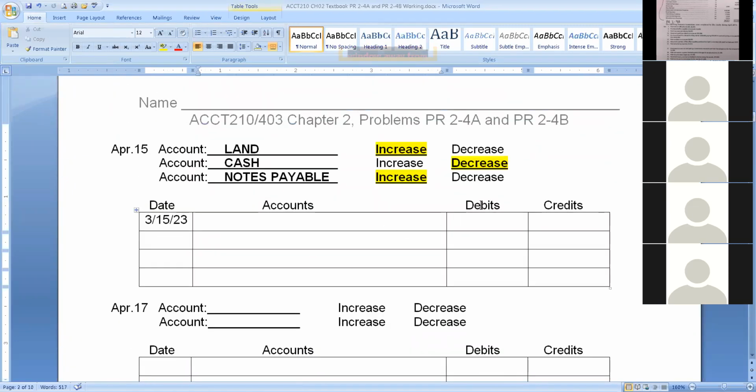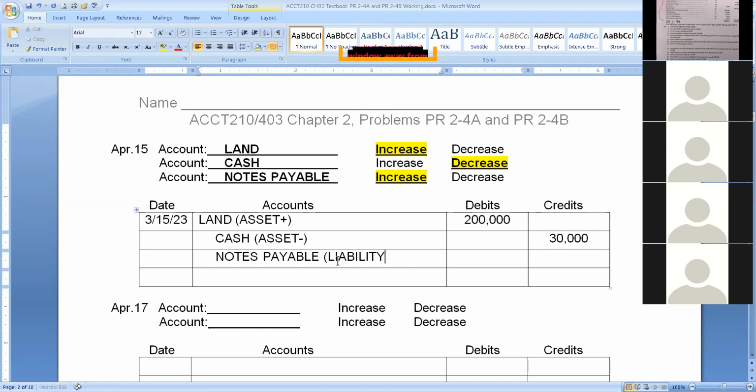Okay, so let's do land first. Cash is an asset going down by 30,000. And notes payable is a liability going up.